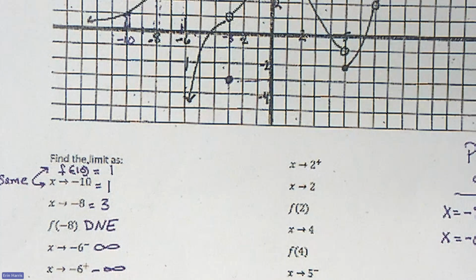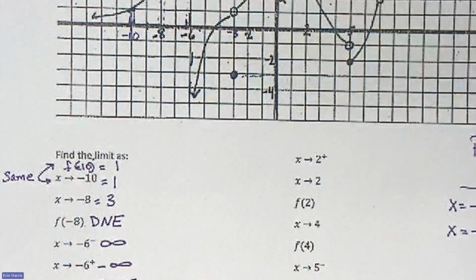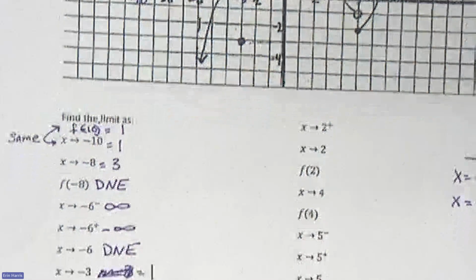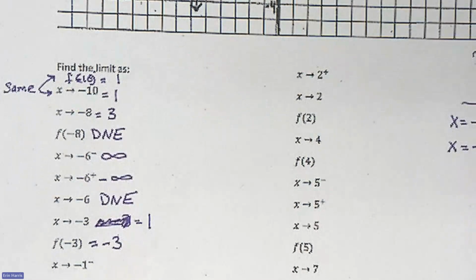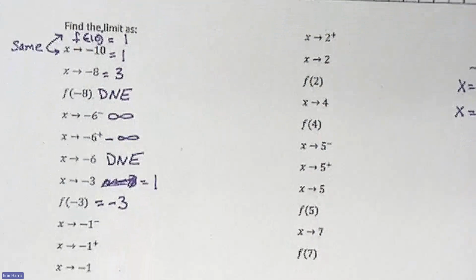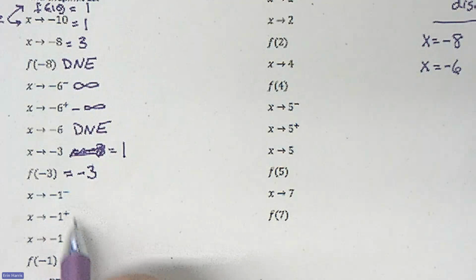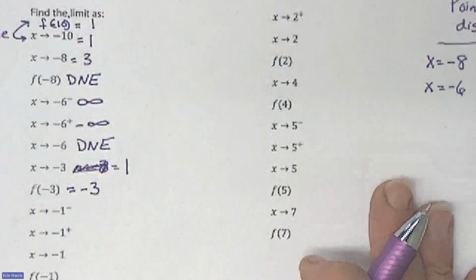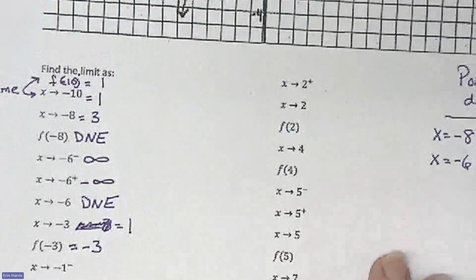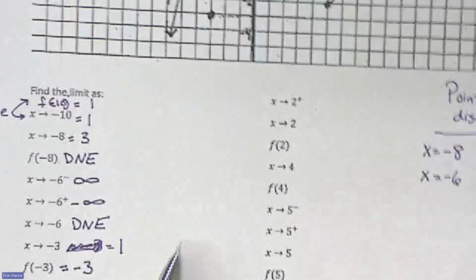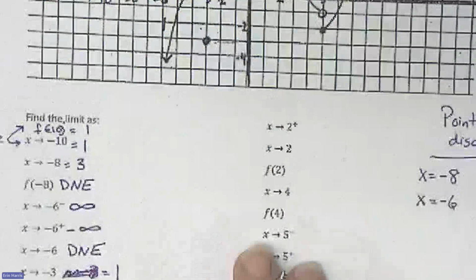Okay, so last one that we do together, and then I'm going to save half of this for you to work on your own. So -1. So notice I have this thing where, remember this means from the left, from the right. Okay, and the two sides have to match in order for the limit to exist.